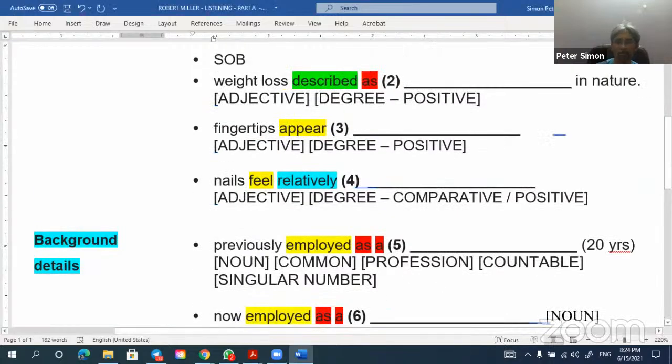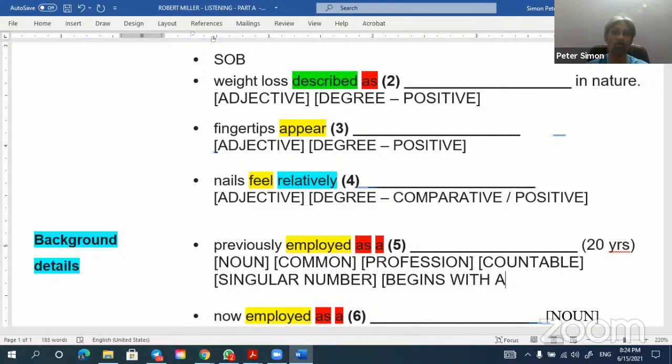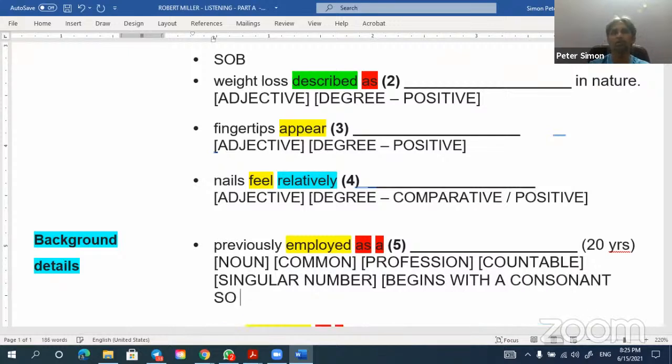So singular number. Next one, because it is A, the next word will start with a consonant sound. It begins not with a consonant, but with a consonant sound, because sound is more important.